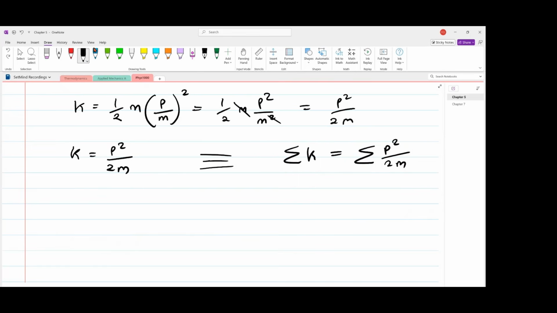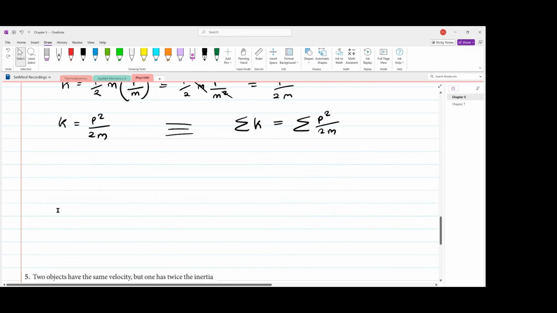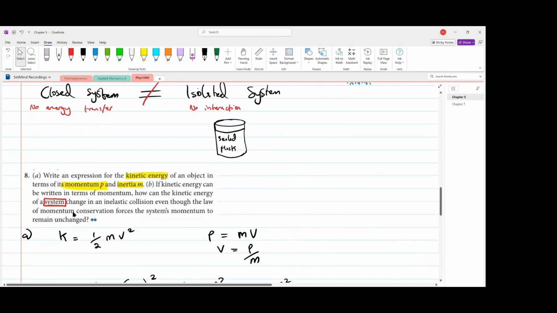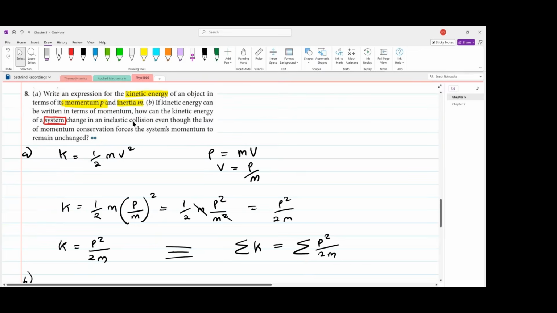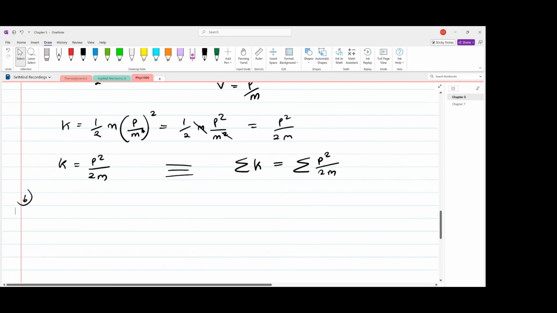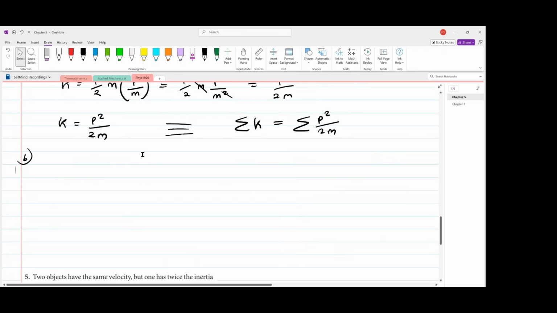So let's just take a system, for example. I'll just do an illustration. They don't ask for a proof, they just ask you to explain, so I'll give you a scenario.